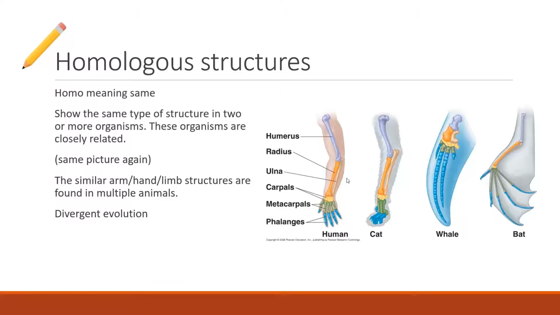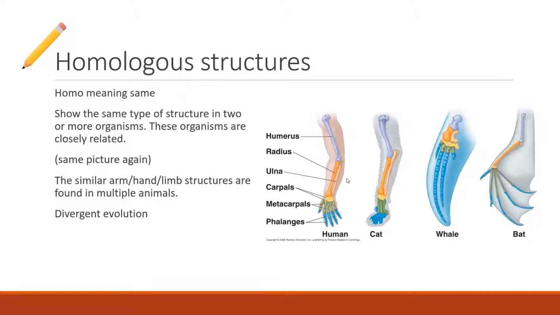The example of a homologous structure is the same picture again. We can see that there is a similar arm, hand, limb structure found in multiple animals. So in cats, humans, dogs, whales, horses and bats, they all have this hand structure.